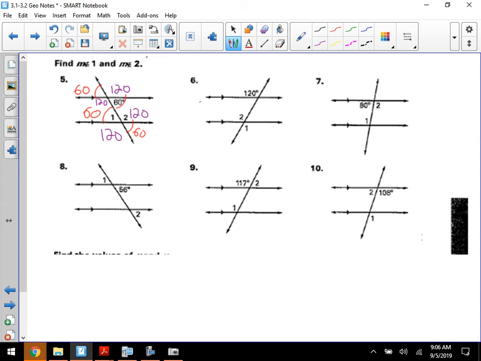Look at 7. Same idea. Over at 7, I'm at the top left. Again, I put a tick mark. Vertical, alternate interior, vertical. That means all of those angles are going to measure the same amount. Do I know what that angle measure is according to the diagram?